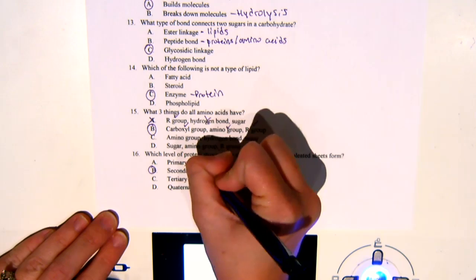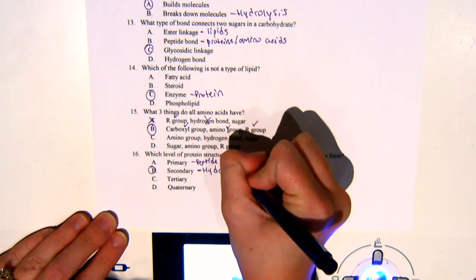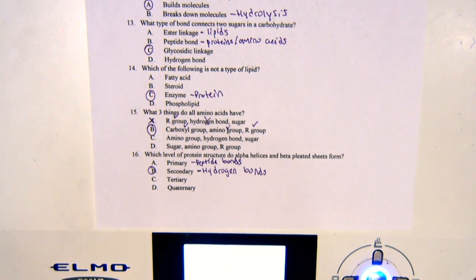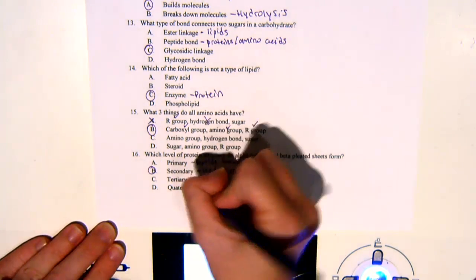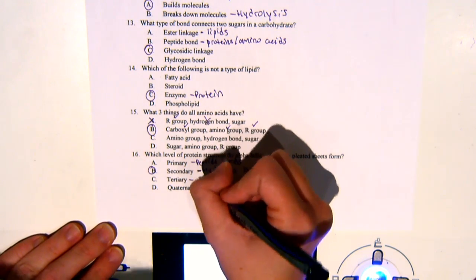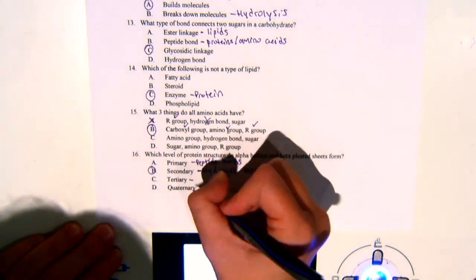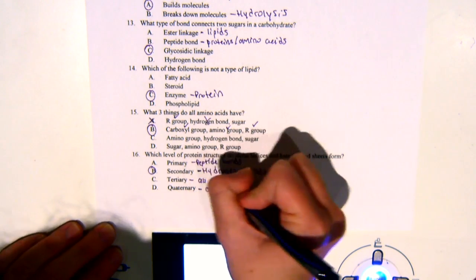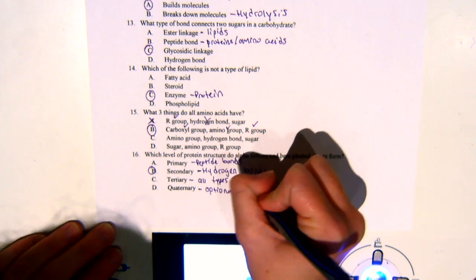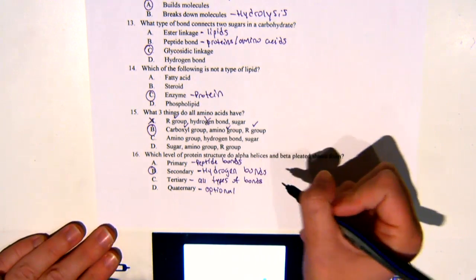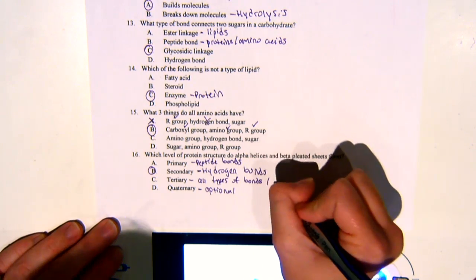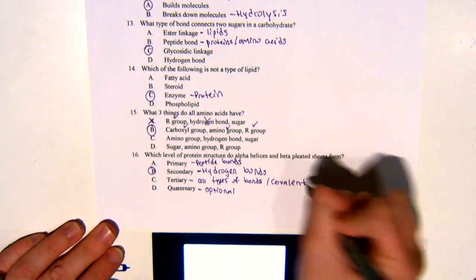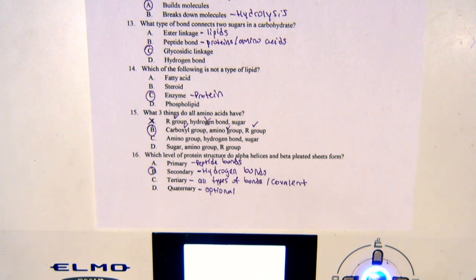Peptide bonds. In tertiary, we're going to have lots of different types of bonds. You could find any of them there. And then quaternary is optional. I think they like to emphasize, though, that there are a lot of covalent bonds formed in tertiary. But you can find others there, too.